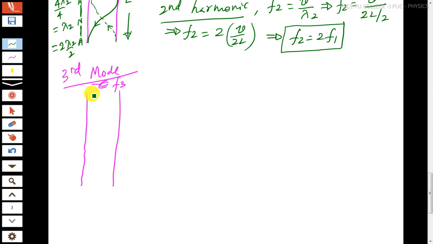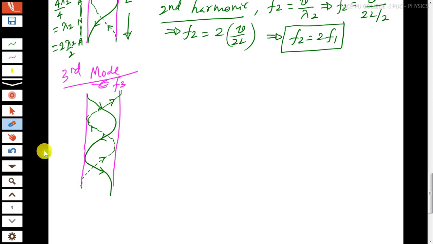So under this circumstance, I should get some wave like this. This is the incident wave. And now the reflected wave should go like this. The dotted line indicates the reflected wave.